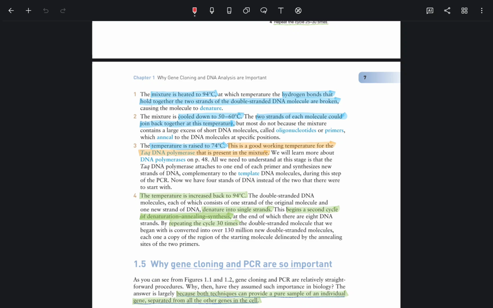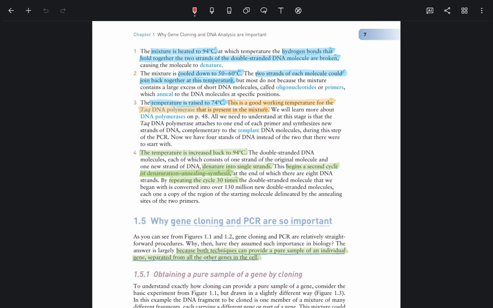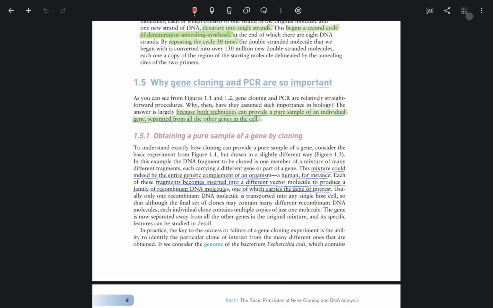By repeating the cycle 30 times, the double-stranded molecule that we began with is converted into over 130 million new double-stranded molecules, each one a copy of the region of the starting molecule delineated by the annealing sites of the two primers.